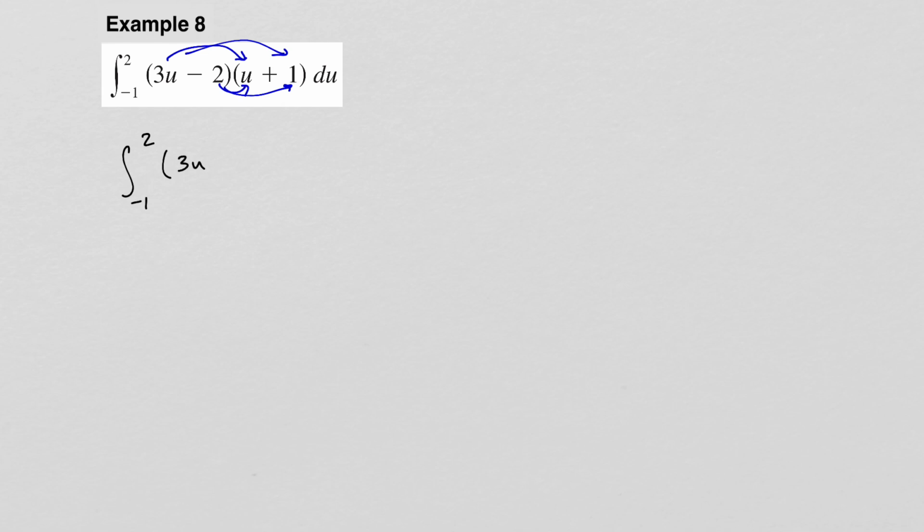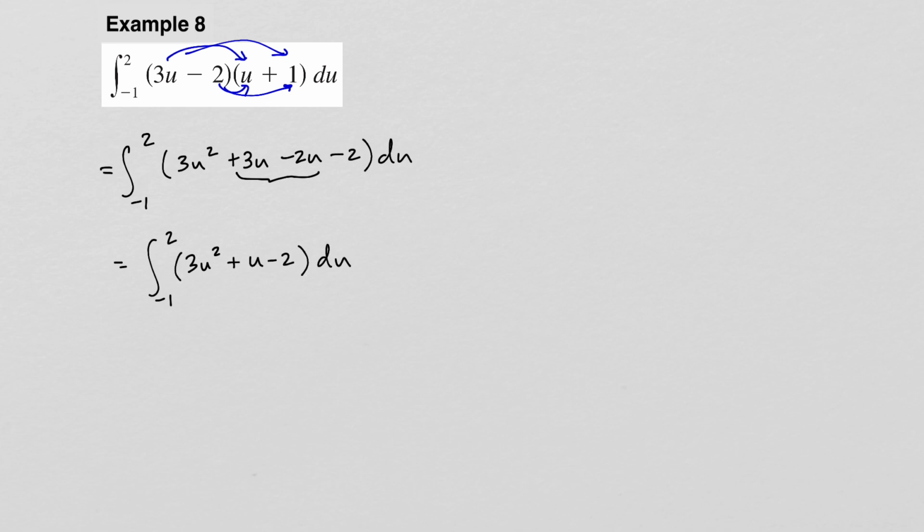So 3u times u is 3u squared, 3u times 1 is 3u, negative 2 times u is negative 2u, and negative 2 times 1 is negative 2. And then I'll just do one more step before we find the antiderivative, and that is I can combine those together, and that gives us 3u squared plus u minus 2 du.